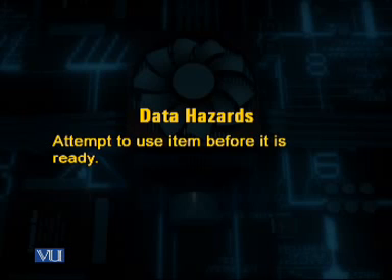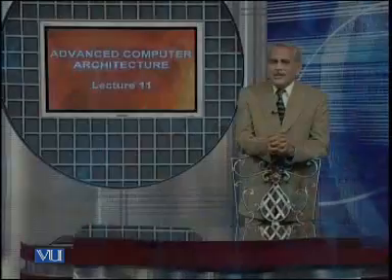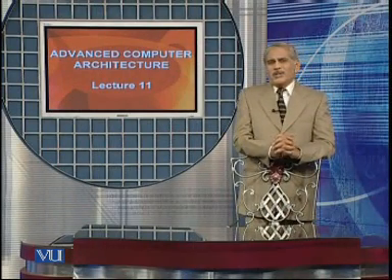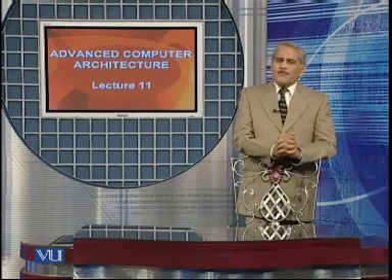A data hazard occurs when the order of the operand read-write is changed vis-a-vis sequential access to the operand, which gives rise to data dependency. We can discuss this data dependency with the help of this example program.